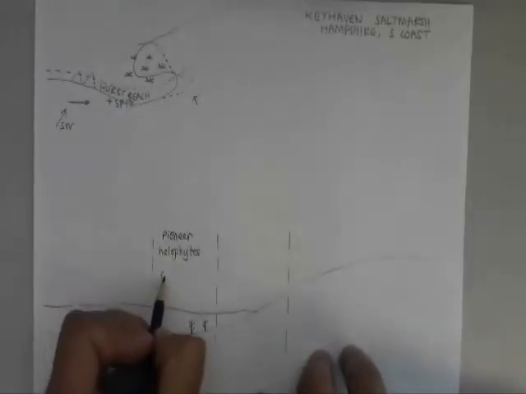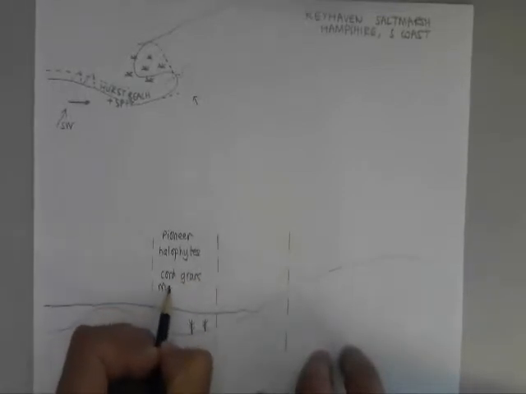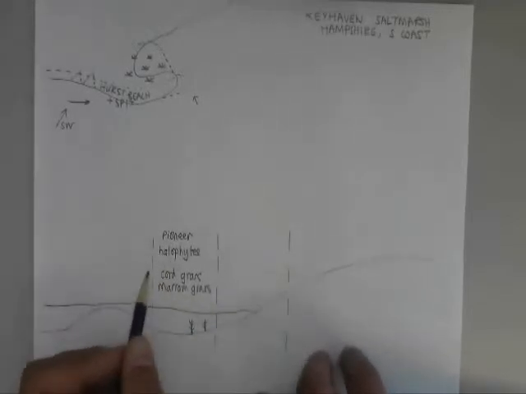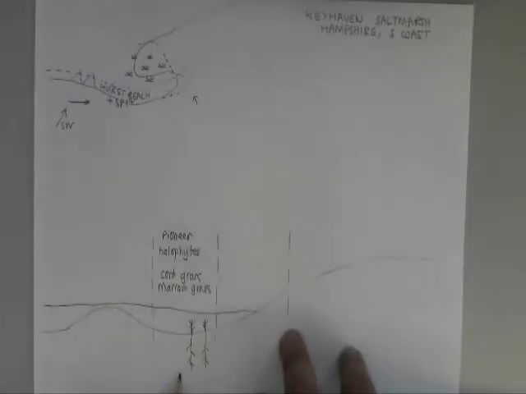Now examples are cordgrass, we would find cordgrass here, and also marram grass. So as well as being resistant to salt water, they're halophytes. They also have very long root systems, and these roots are able to go and find any fresh water that is deep within the ground, but it also stabilizes the plant because very near to the shore the wind is very strong and can actually blow these plants over.